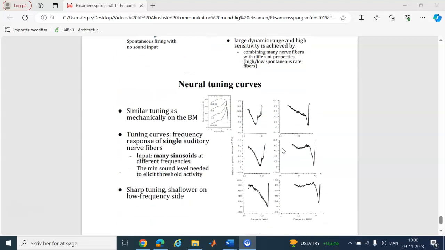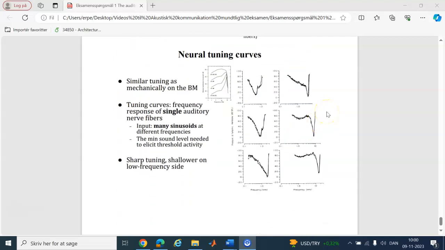And then we have neural tuning curves. Maybe I will not talk about it in the exam. They are similar to the tuning curves measured mechanically on the basilar membrane. Tuning curves show the frequency response of single auditory nerves: input many sinusoids at different frequencies at a certain place.